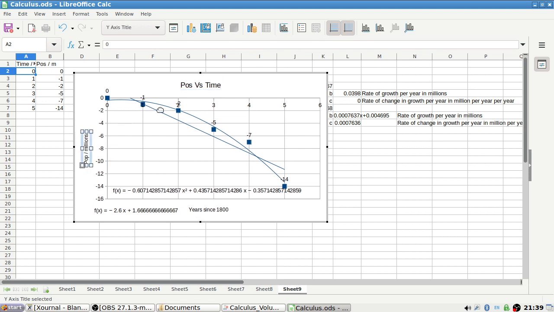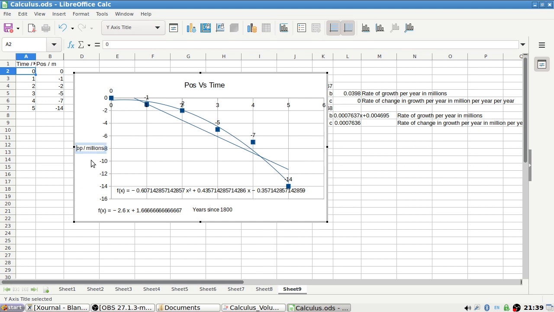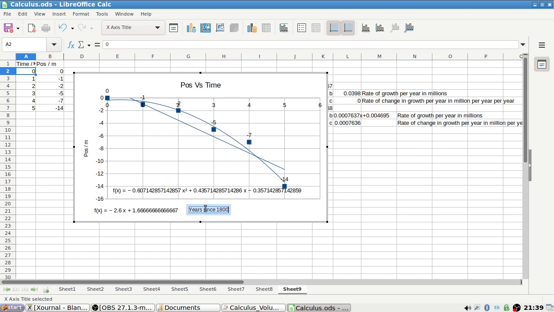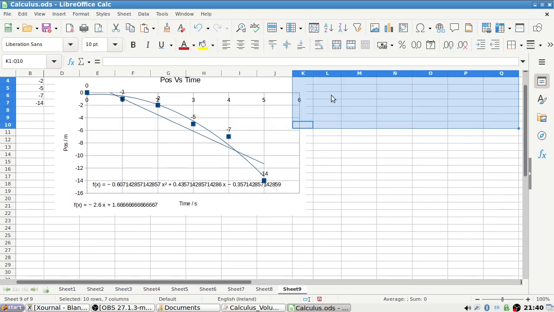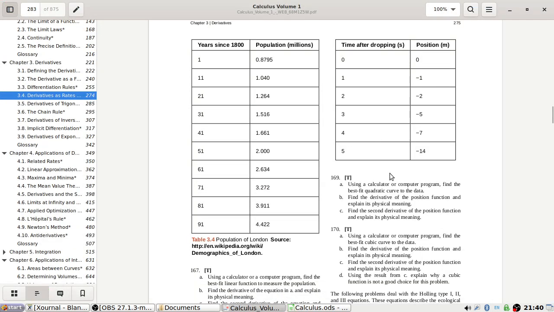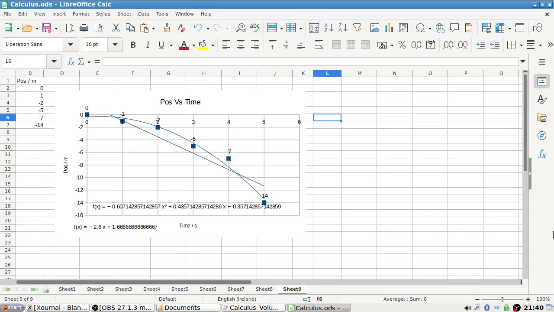This is position in meters. This is time in seconds. Okay, now we're in action. Now, what have we got first? Find the best fit quadratic and then the best fit cubic. The derivative, explain its meaning. The second derivative, explain its meaning.